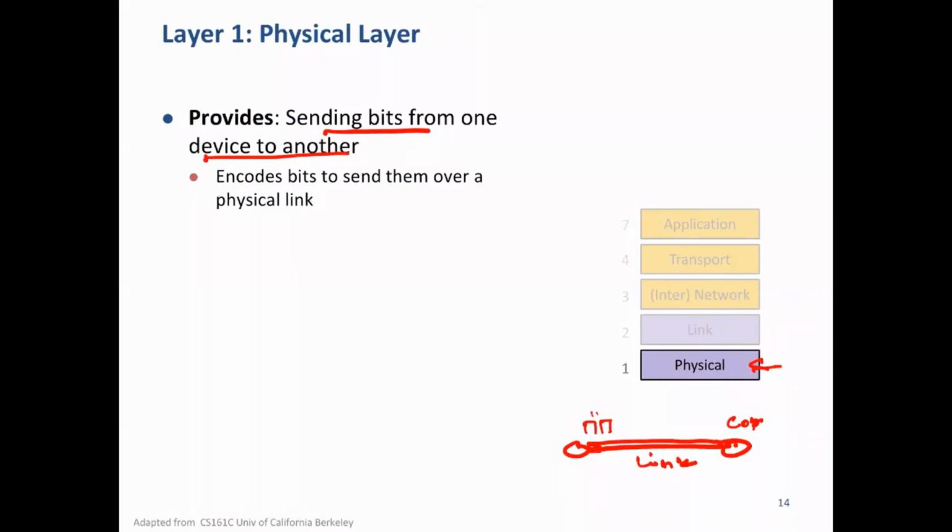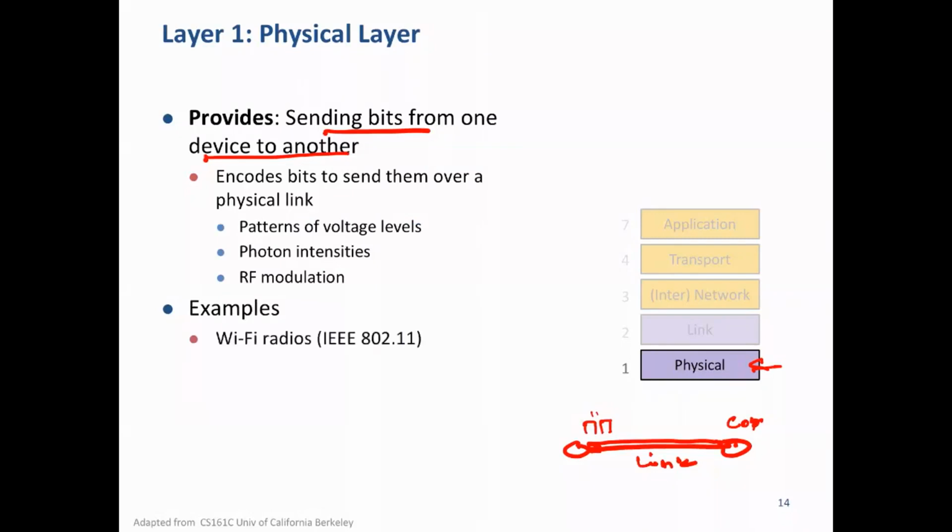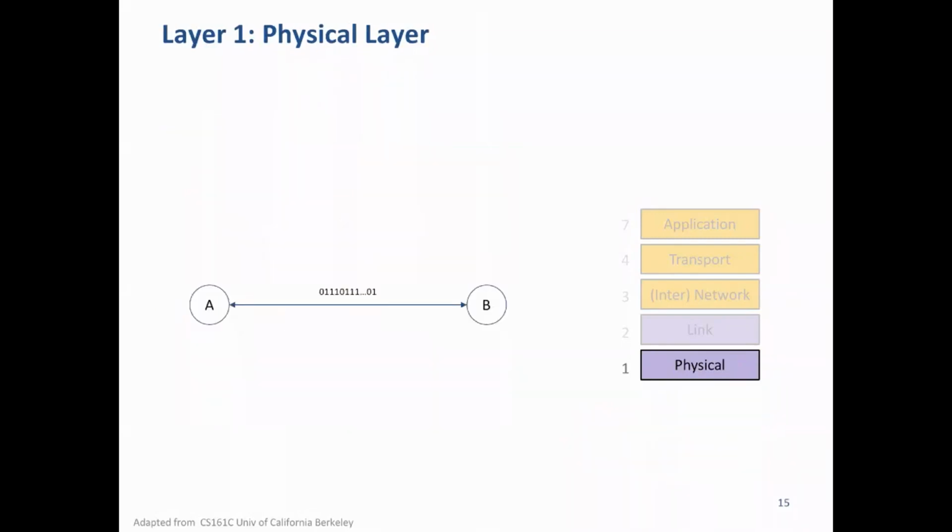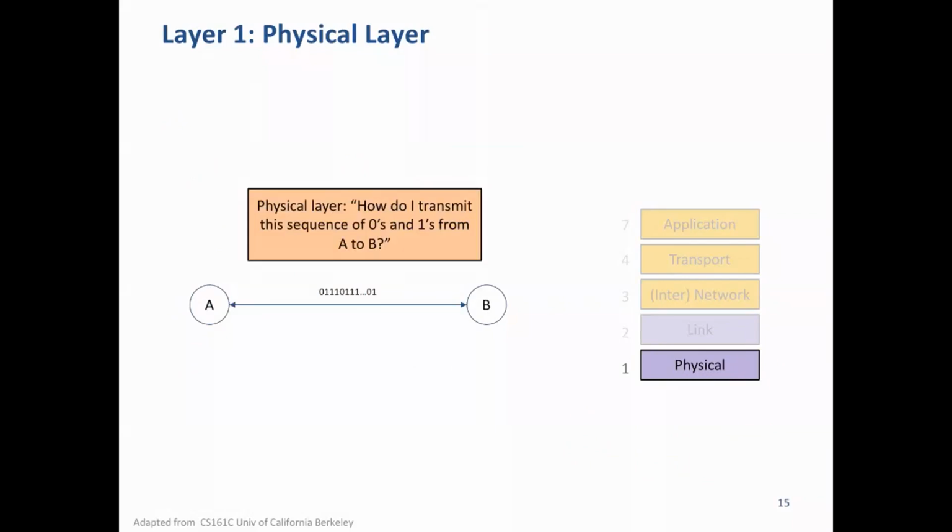There are a lot of codings available. Of course we don't want to get into that aspect. All this is taken care of. The physical layer says how do I transmit a sequence of zeros and ones from one device to another device? That's the responsibility.